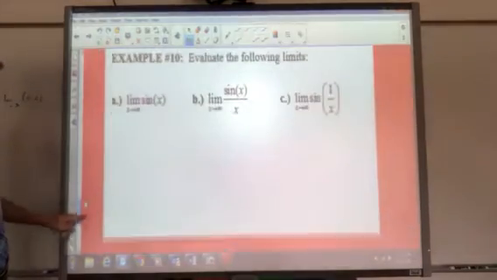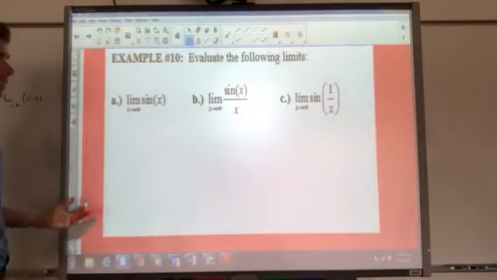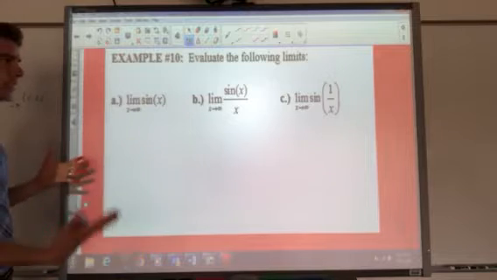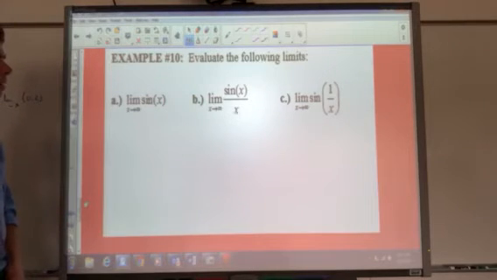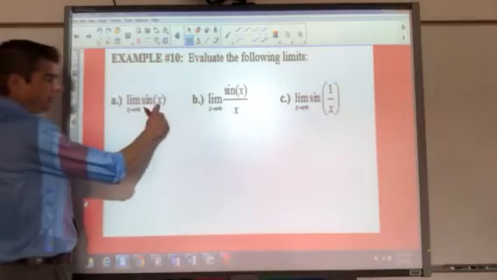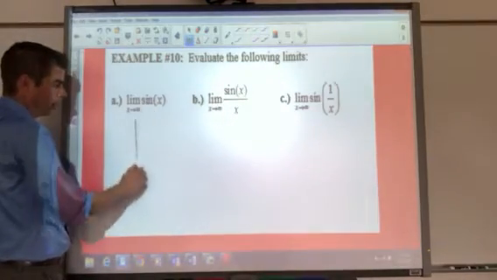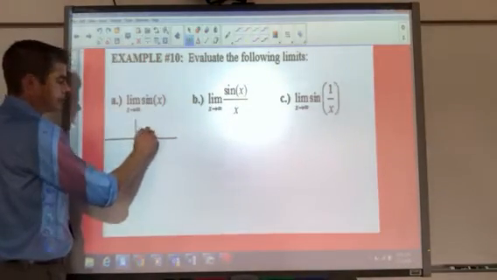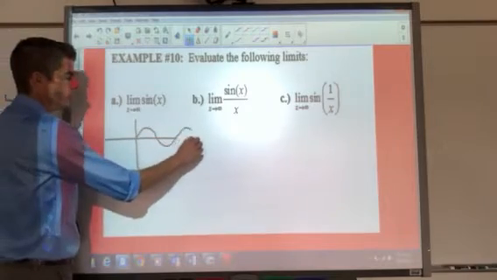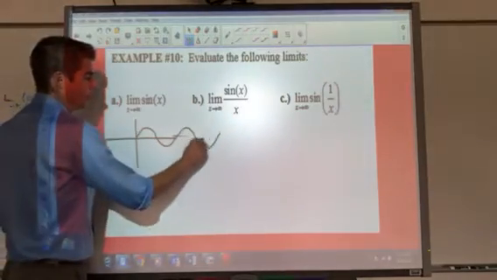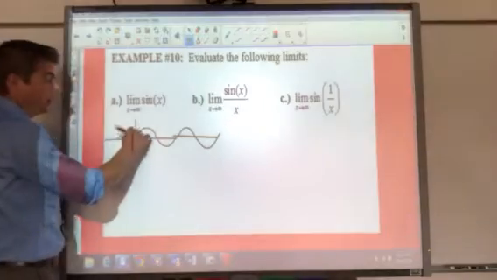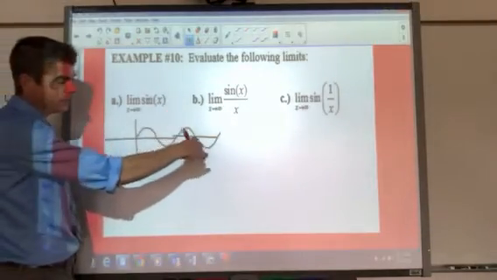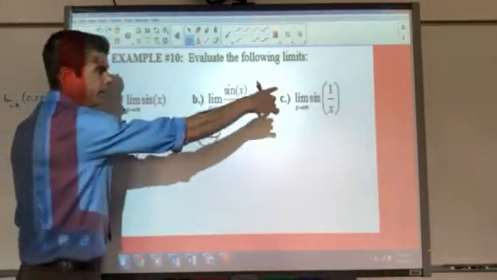So, evaluating limits. Just involving sines, these things sometimes come up. If we want to think about the limit as x approaches infinity of just sine x, well, if you're basically evaluating the sine function and wanting to know the behavior as x goes to infinity, our sine wave doesn't change. It's continually oscillating between 1 and -1.